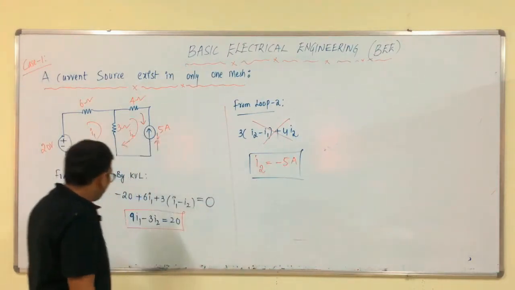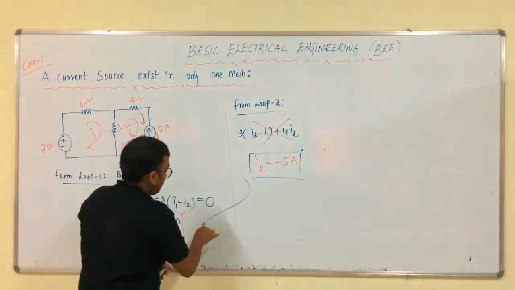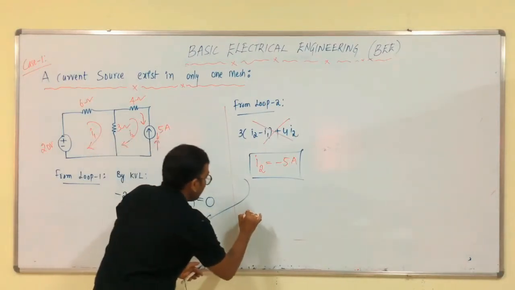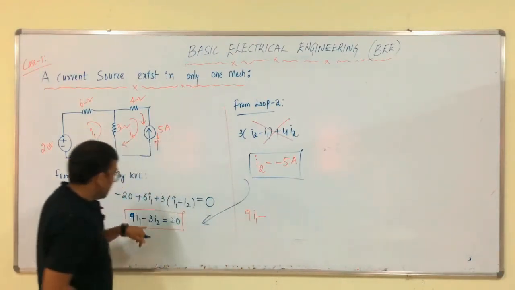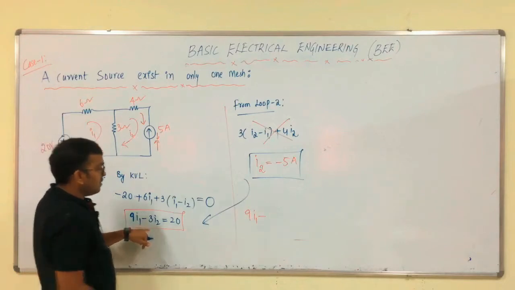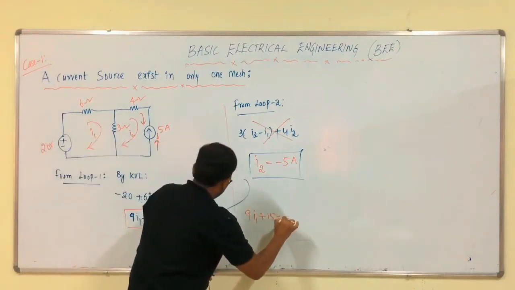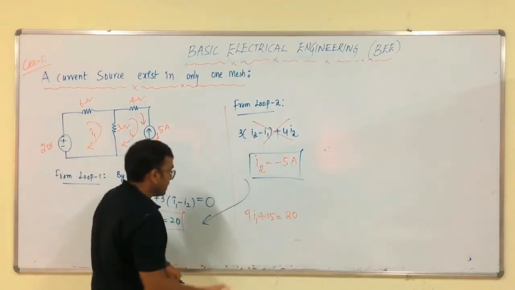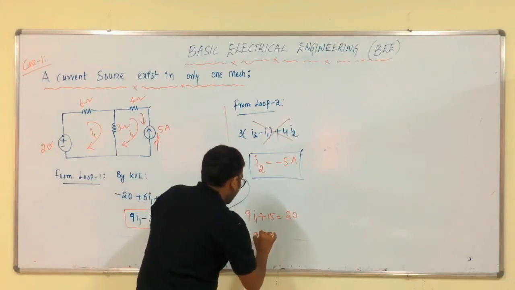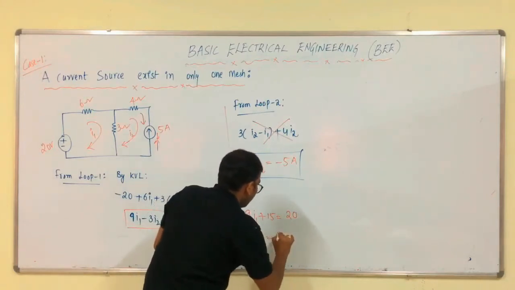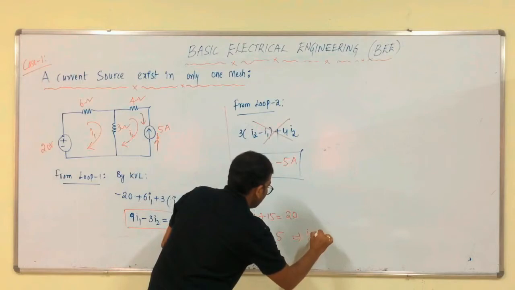So, substitute this value into 9 I1 minus 3 of minus 5, that is plus 15, equal to 20. From this, 9 I1 is equal to 5. Therefore, I1 is equal to 5 by 9 amps.